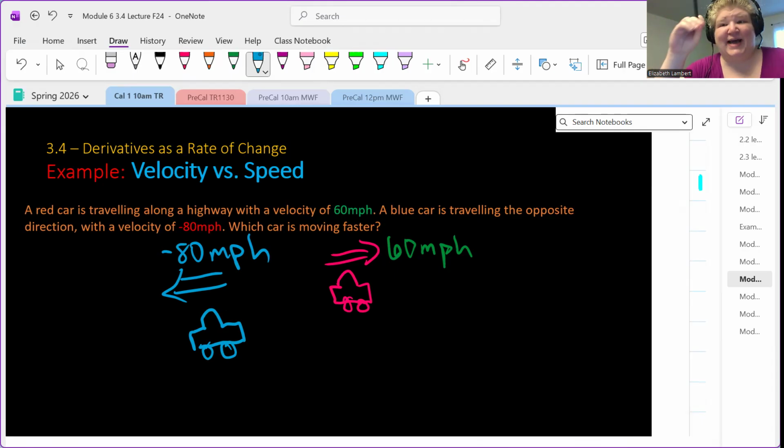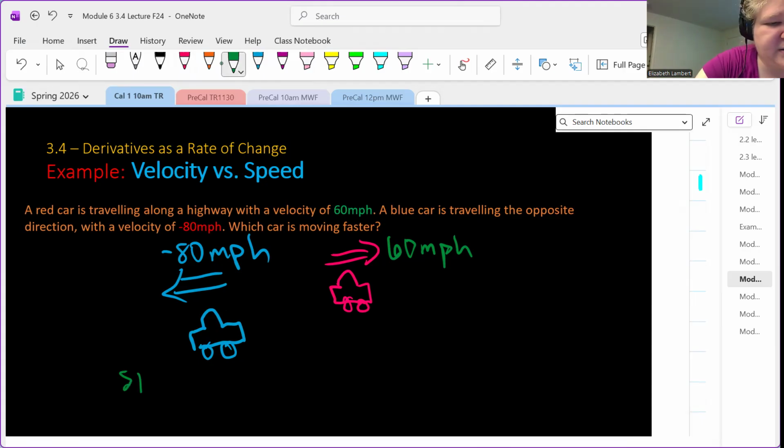That question is actually very misleading in math land, because we're like, what do you mean by faster? In this case, the assumption is we mean which one has the bigger speed. So which one is objectively going faster might be a way to think about it in English.